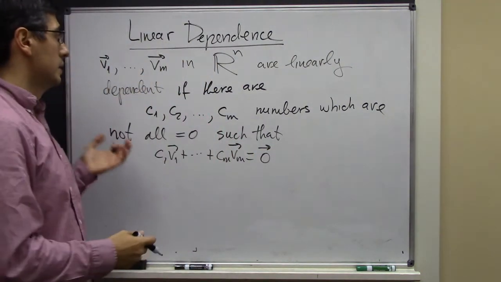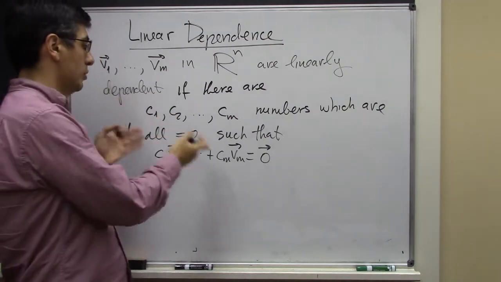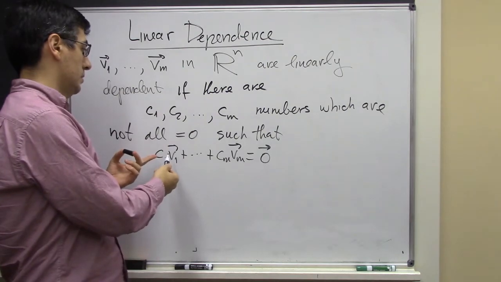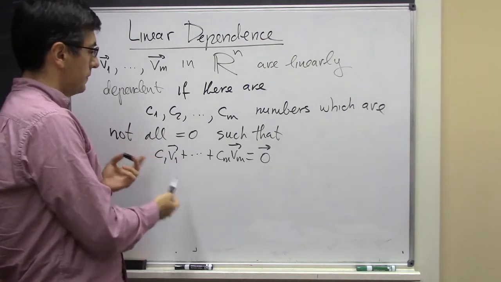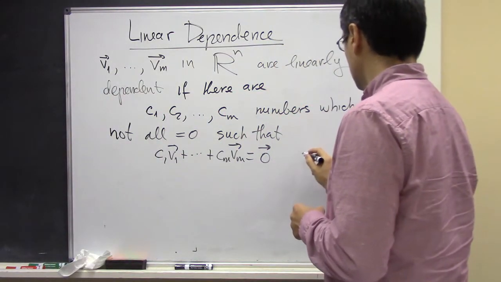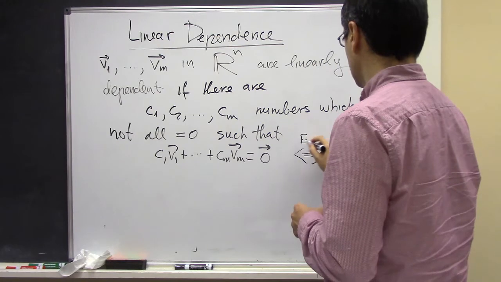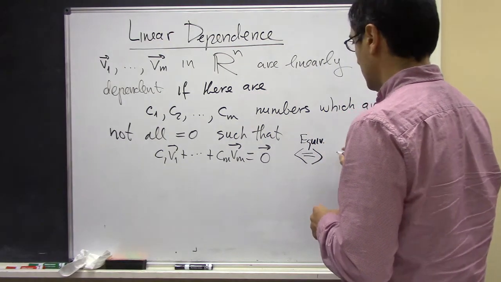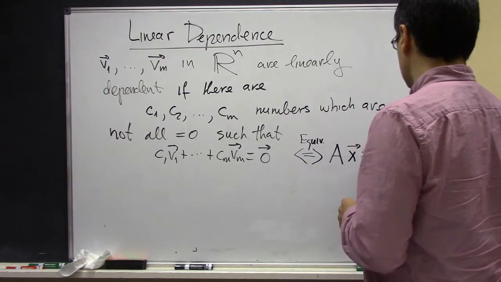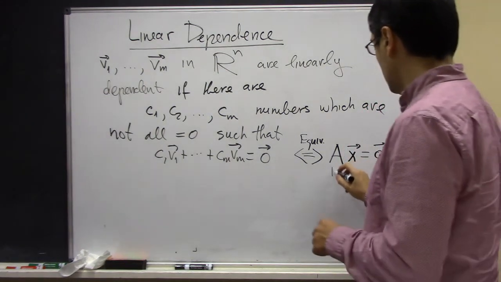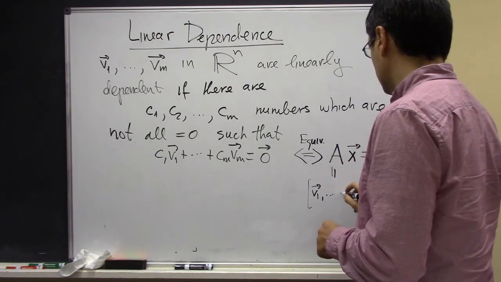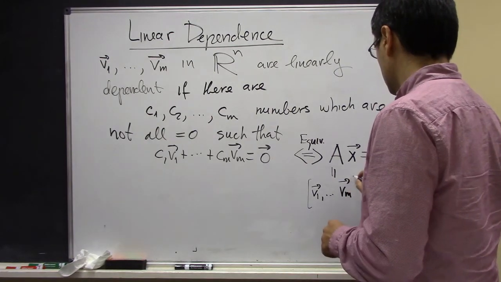Okay, and I explained how you can do this in some simple cases. First of all, I explained that this question is equivalent to asking whether this matrix equation has non-trivial solutions, where A consists of the columns given by the vectors.